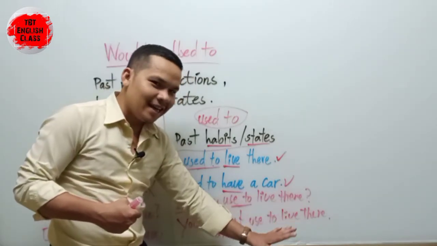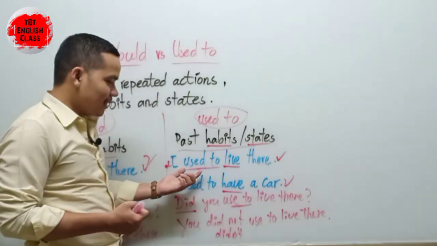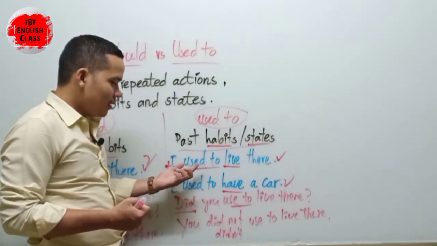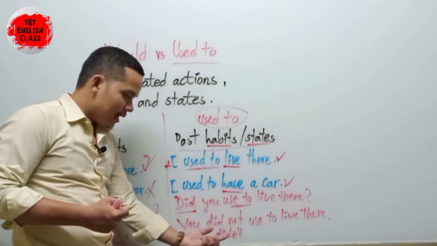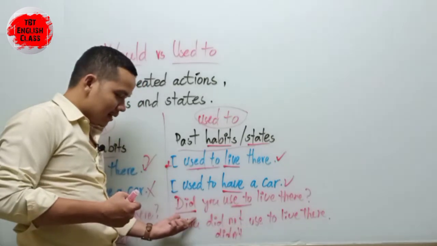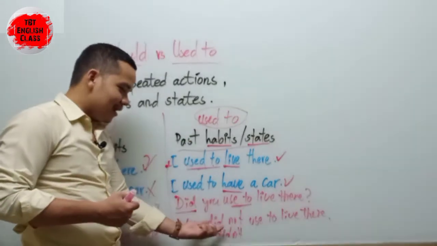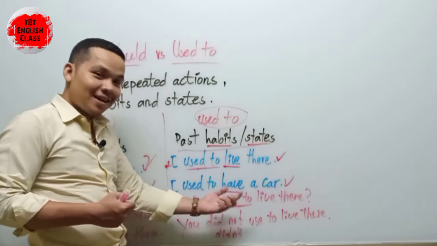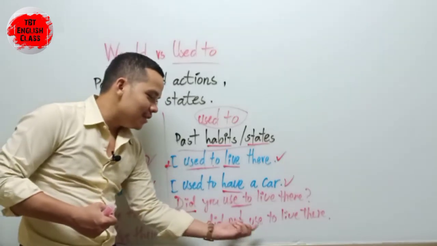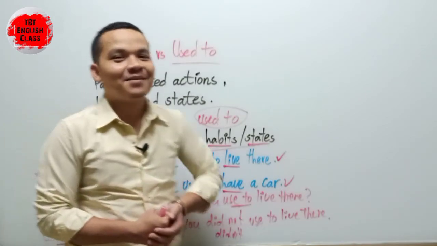We don't add ed or change its form, just keep the same form. But the main point that you should note is that used to here we use D, but for the question we don't use D, because we see did, the auxiliary verb, making this simple statement a question, and we use did not, auxiliary verb plus not, to make the negative form. We use this form differently. One by one, remember this, okay?